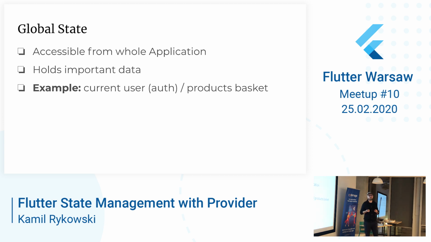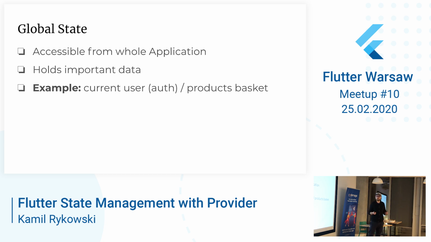And it keeps the important data. What is important data? How do we define what's important and what's not? That's tricky, and you as a developer need to decide if this data is important or not. The most important factor in deciding is: would I need this data in other parts of my application?